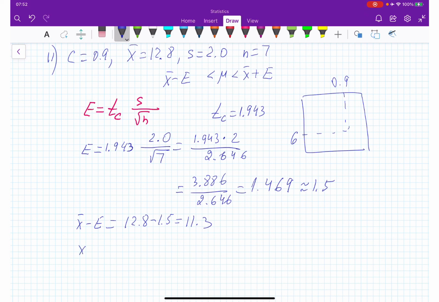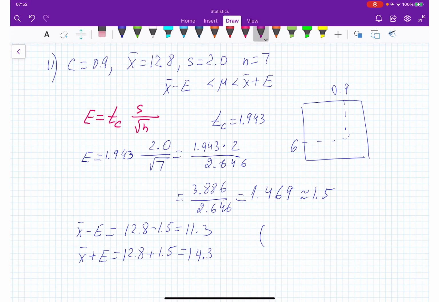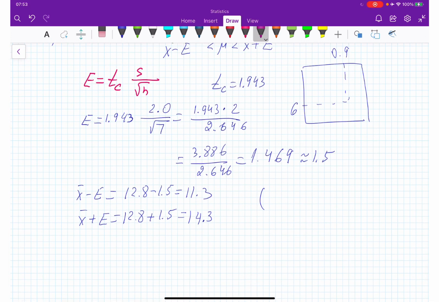And then x bar plus error, it's going to be 12.8 plus 1.5. 8 plus 5 is 13, and 12 plus 2 is 14, so here is 14.3. So for the confidence interval, we can say with 90% confidence, 0.9, that the mean is located somewhere between 11.3 and 14.3 for T distribution.